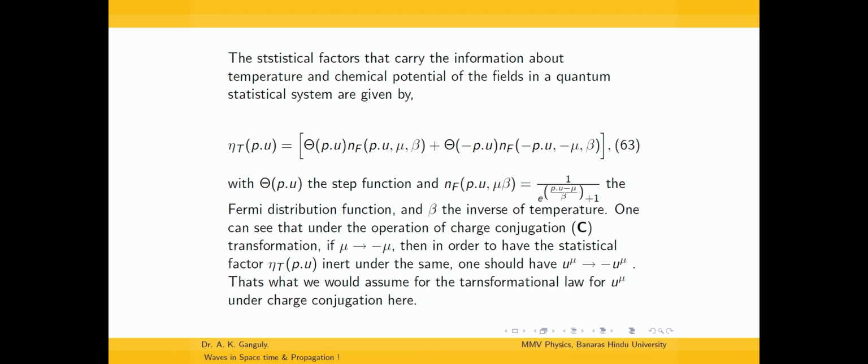The Fermi-Dirac distribution, if replaced with the corresponding Bose-Einstein distribution function, does not affect our conclusion as long as we have finite charge density for either the bosonic system or the fermionic system.